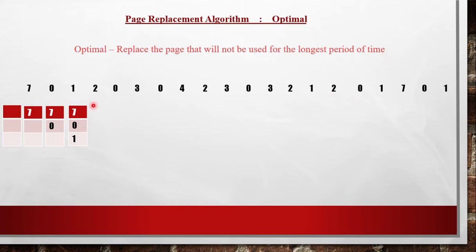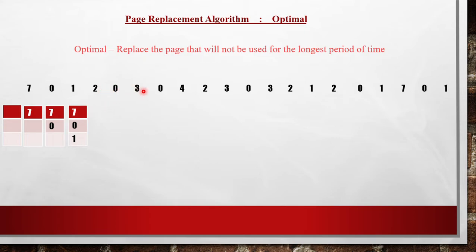Let us solve the issue in a very simple way. 2 is the page which is needed, so one among 7, 0, 1 should be replaced. Which one will be replaced? Which one will not be used in the near future? So let us consider 7. When will 7 be used?